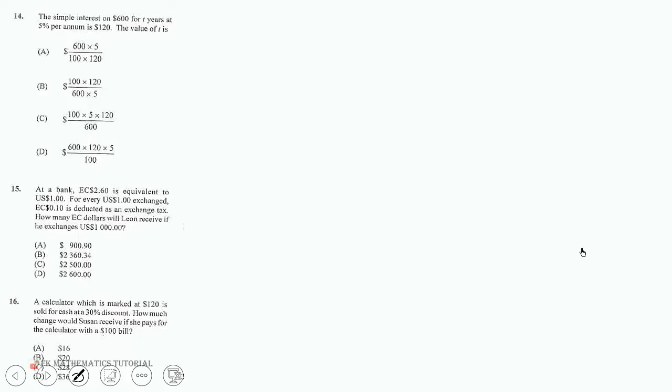The simple interest on $600 for T years at 5% per annum is $120. The value of T is. So recall that simple interest is equal to principal times time times rate.